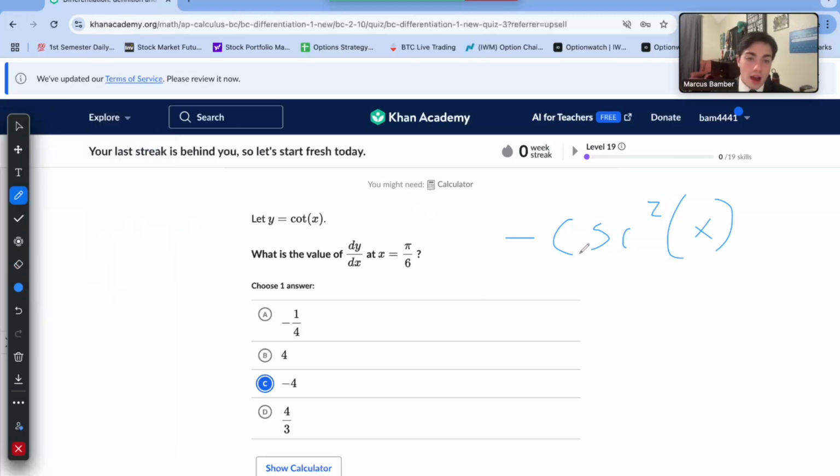We know cosecant is the same as 1 over sine of x, so we can rewrite this as 1 over sine squared of x. And if you notice, we're going to get some similar stuff here. Sine squared of x, when we substitute in pi over 6, is 1/2 squared, which is 1/4. The negative 1 over 1/4 is simply equal to negative 4. So C is the correct answer, whichever way we go about it.